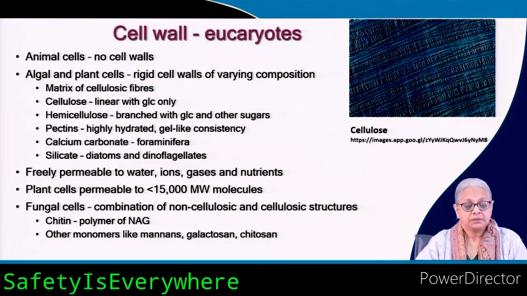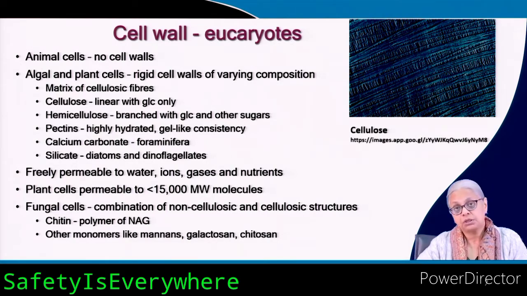Then we come to the fact that the cell walls of eukaryotes are freely permeable to water, ions, gases, and nutrients. That's how these organisms are able to survive in their environment. That's very different from the prokaryotes. Plant cells allow large molecules, even up to 15,000 molecular weight.